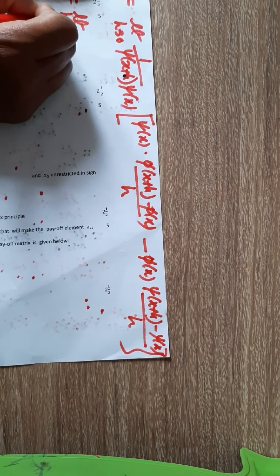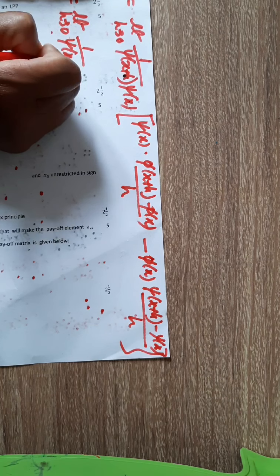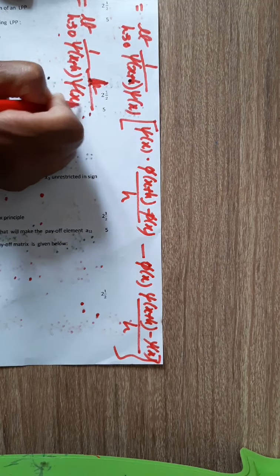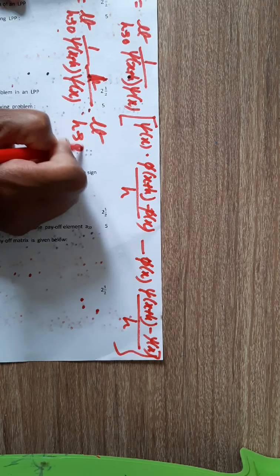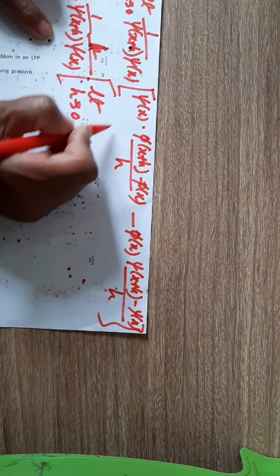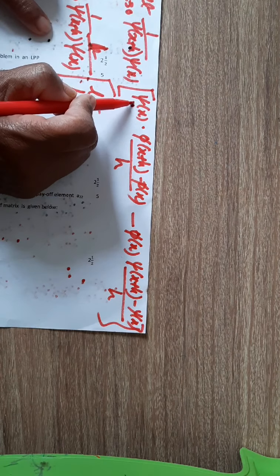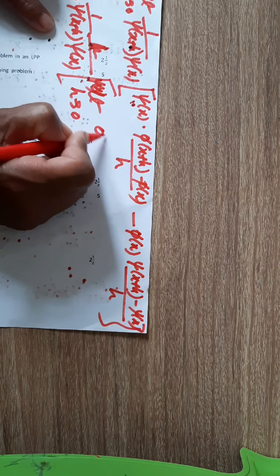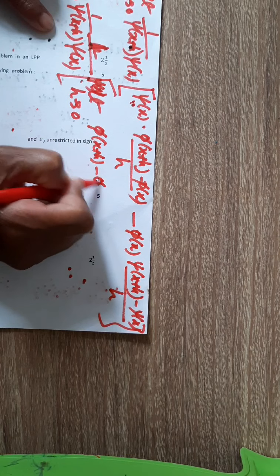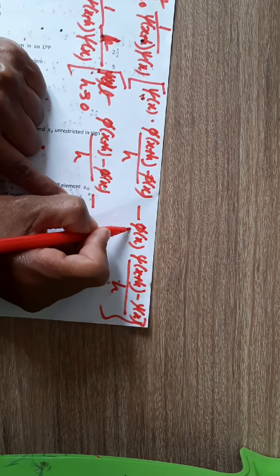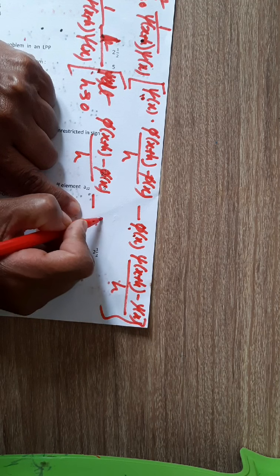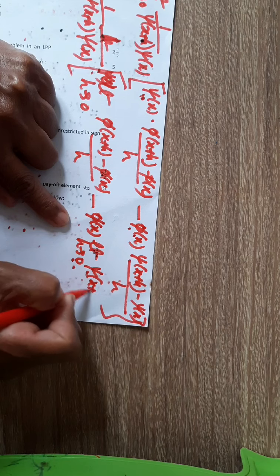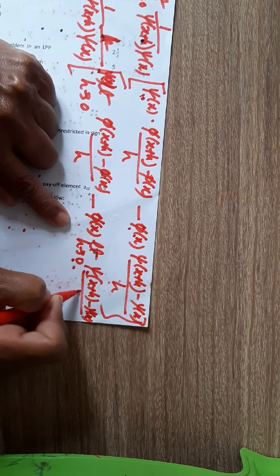It will be limit h tends to 0, 1 by psi of x plus h into limit 1 by psi of x, which will remain as it is, into limit h tends to 0 again. Now in this first term you see that psi of x does not depend on h, so you can take it outside: psi of x into limit h tends to 0 of phi of x plus h minus phi of x divided by h, minus, again this one does not depend on h, so you take it as phi of x into limit h tends to 0 of psi of x plus h minus psi of x divided by h.